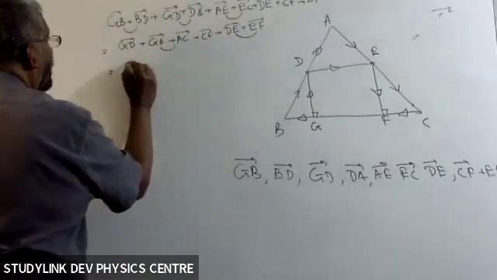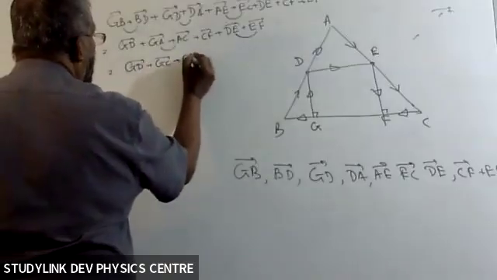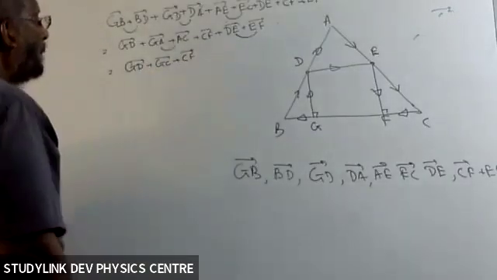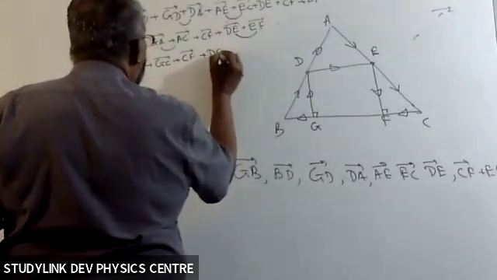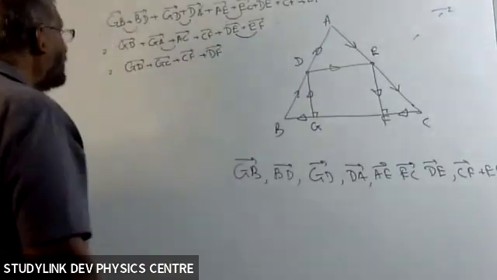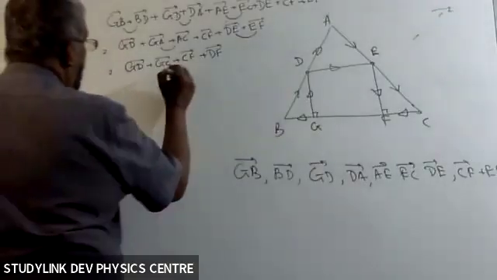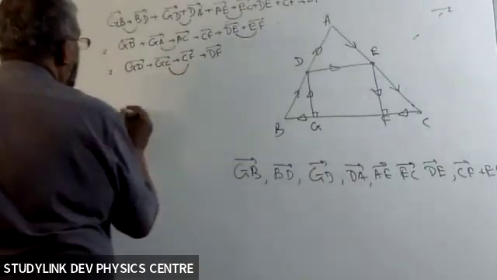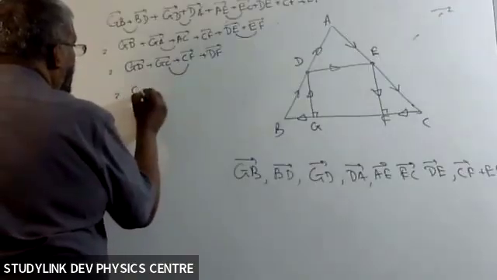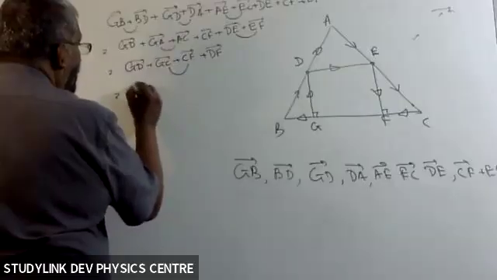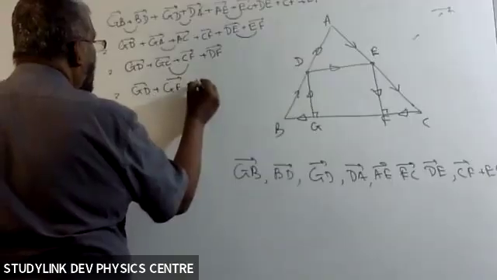Then GD plus GC plus CF plus DF. Then you don't feel that same. No, there, these two are the same. Therefore, we can say GD plus GF plus DF.